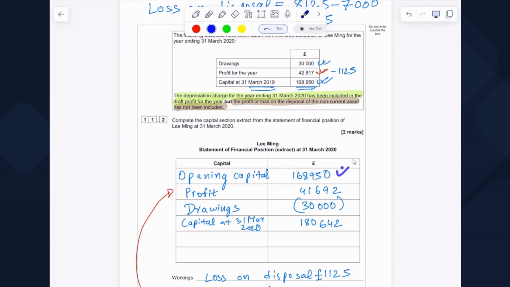So we started with the opening capital of 168,950. How do we know this is an opening capital? We are given the closing capital at end of previous financial year, which is 168,950. This gets carried forward into the new financial year of 2020 as the opening capital. Then we have added profit for the year of 41,692.